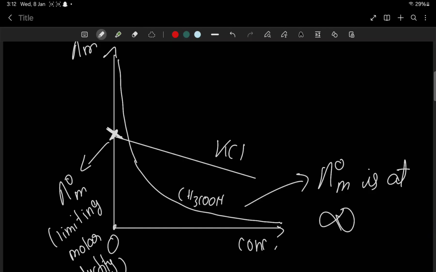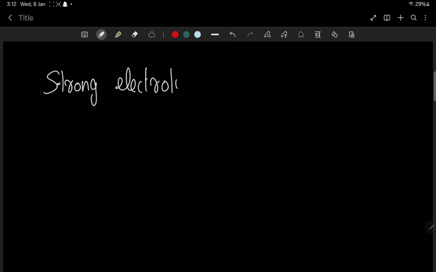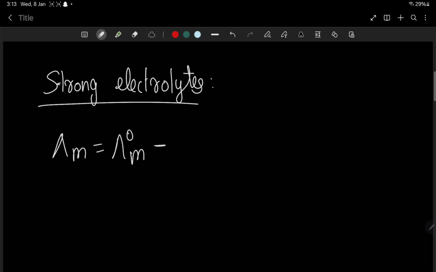So that's about it. Now we can talk about strong electrolytes. For strong electrolytes, what's the speciality in the graph? Λm equals Λ0m minus A c to the half.